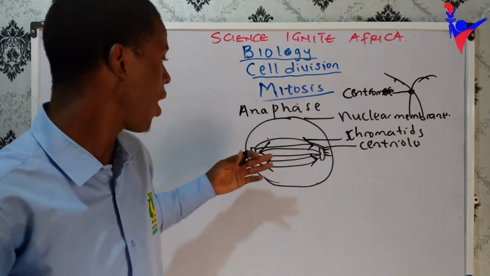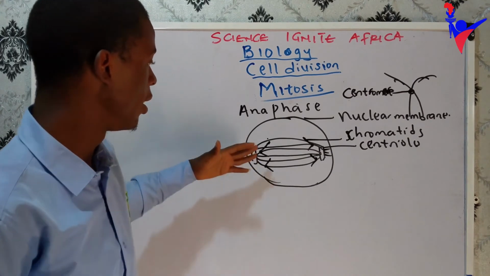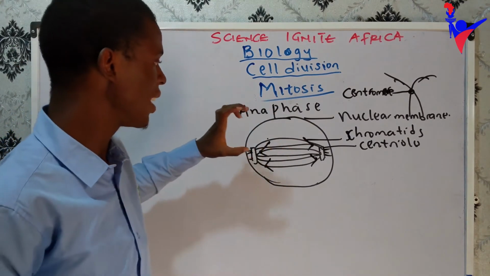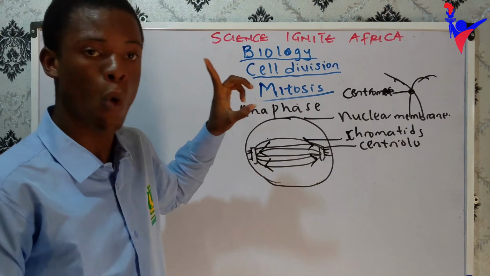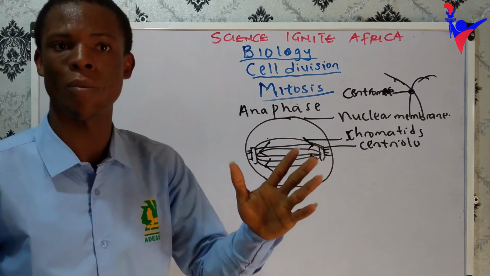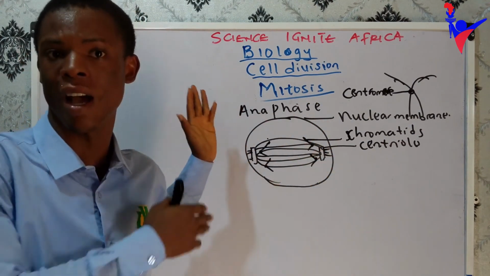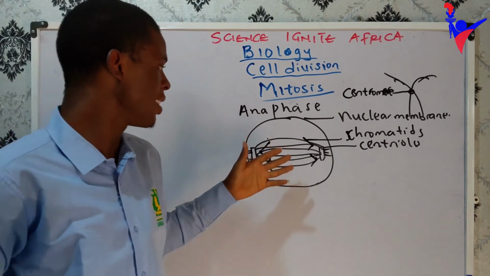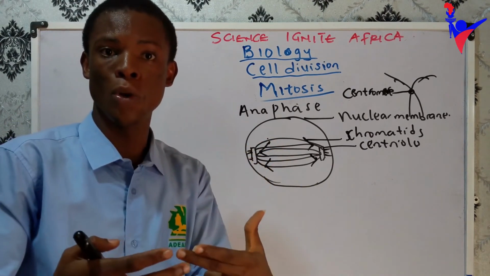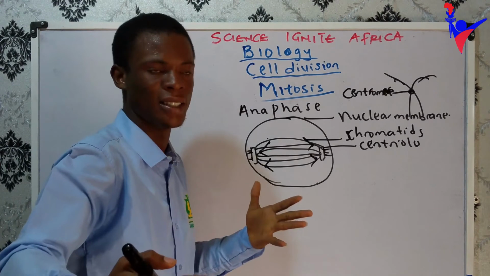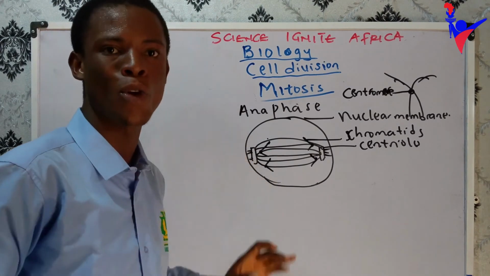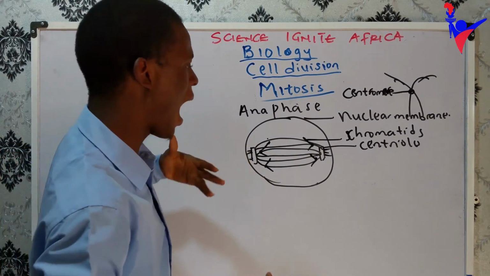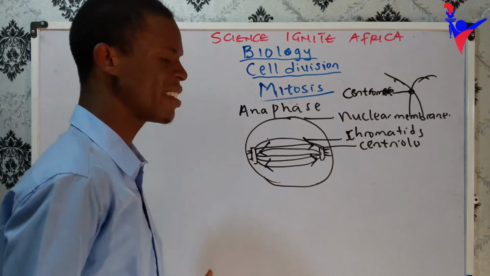The funny thing about this is that you see the chromosome is one before. You have two sister chromatids prior to this stage, which is our metaphase stage. But you can see now that a single chromosome has divided into what we know as chromatids. So the chromatids have moved towards opposite poles.